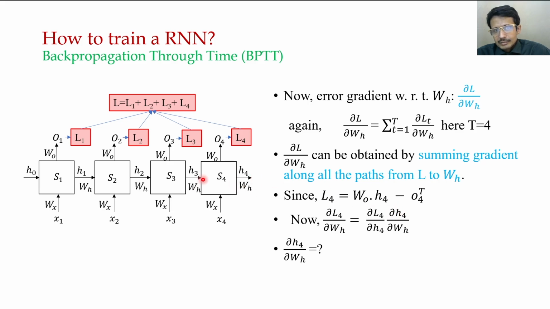H4 again depends on H3, H3 depends on H2, H2 depends on H1, and so on. So we have to think about what del H4 by del WH is. Let's start our next understanding from here. If we can find this value, then other things are very straightforward, with no complication in it.